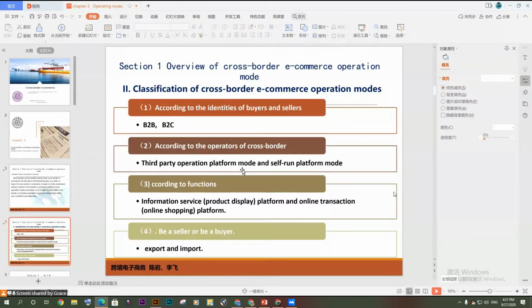So the third-party operation platform and self-run platform are different.